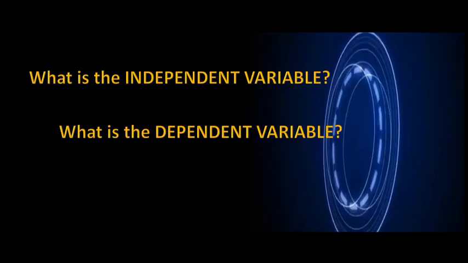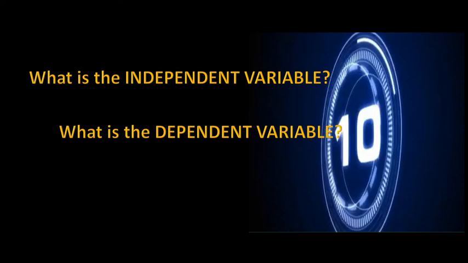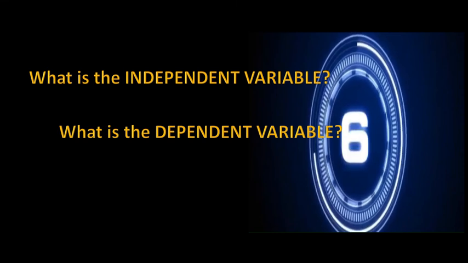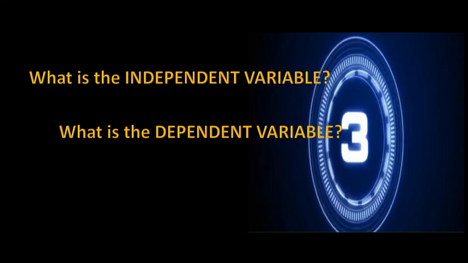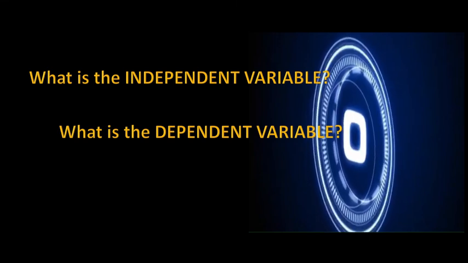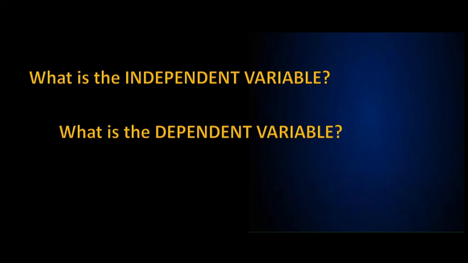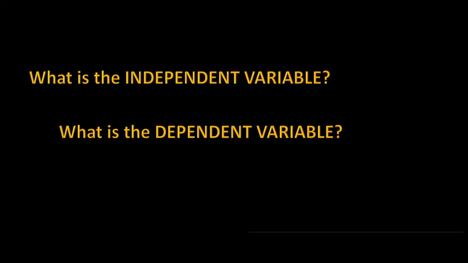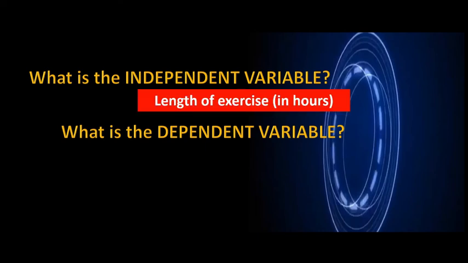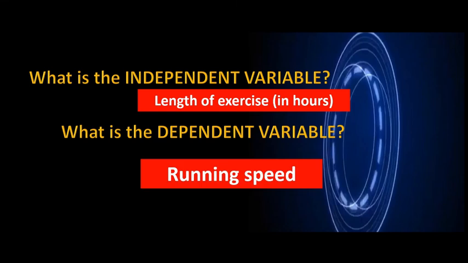Let's identify the independent and dependent variables. The independent variable is length of exercise, and the dependent variable is running speed.